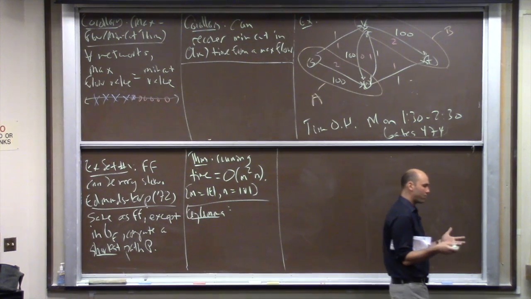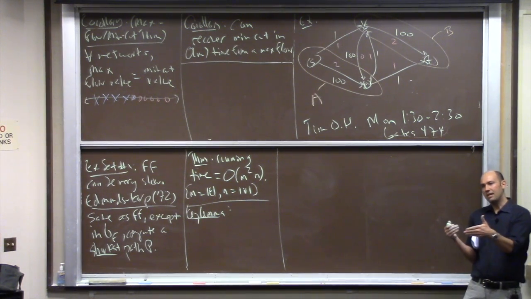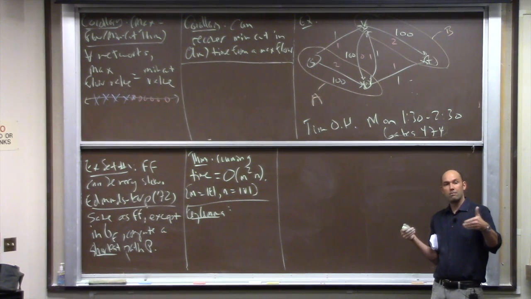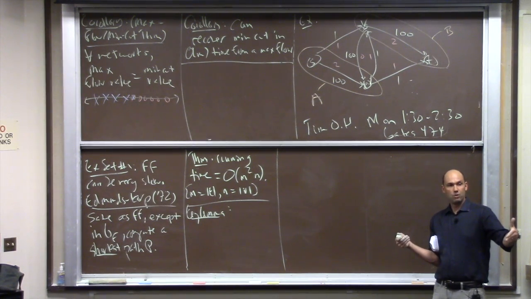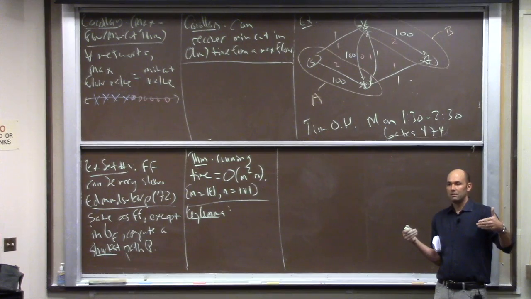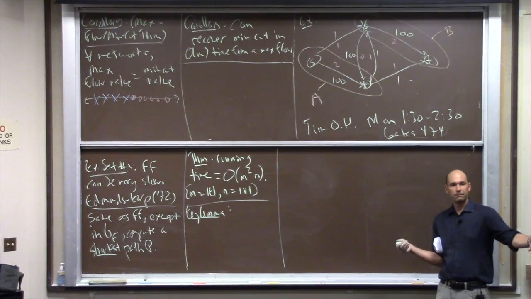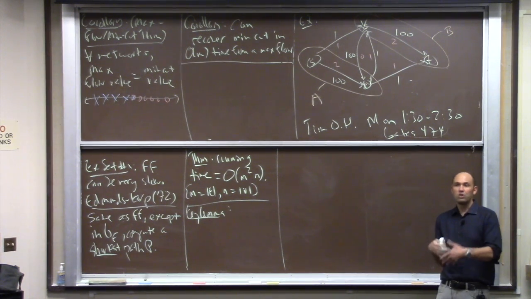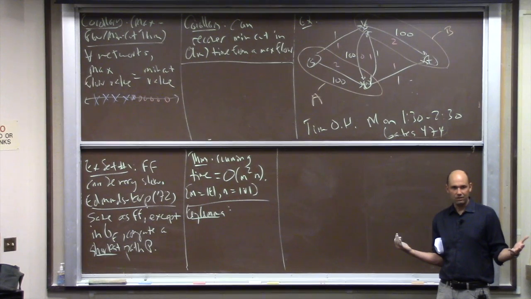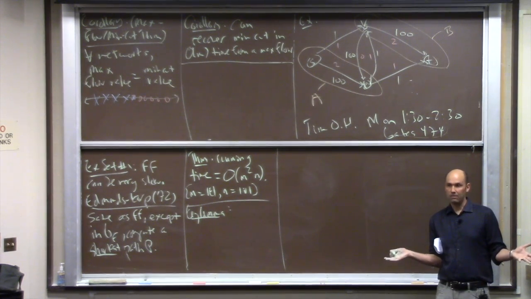So one notion of progress is if S and T keep getting farther and farther apart from each other in the residual graph. Okay? And again, distance here is the number of hops on a shortest path, a minimum hop path. Now notice, the largest possible finite shortest path distance between two vertices would be n minus 1, if n is the number of vertices.